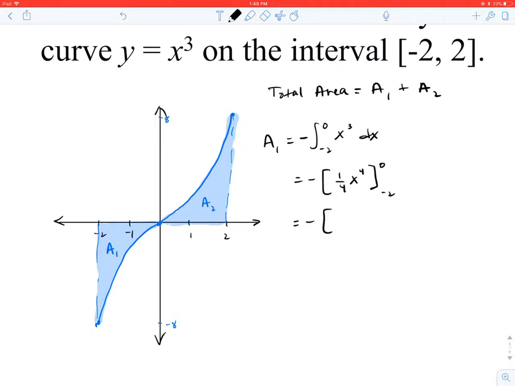Then by the fundamental theorem of calculus, that'll be 1/4 times 0 to the 4th minus 1/4 times -2 to the 4th. -2 to the 4th is 16, divided by 4 would be 4, so that's -1 times -4, which is just 4. Probably just go directly to saying 4.